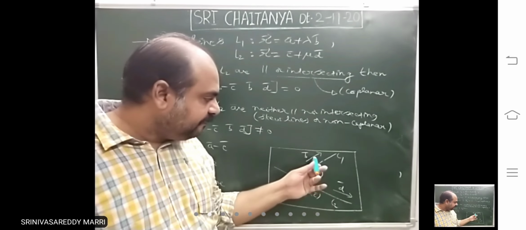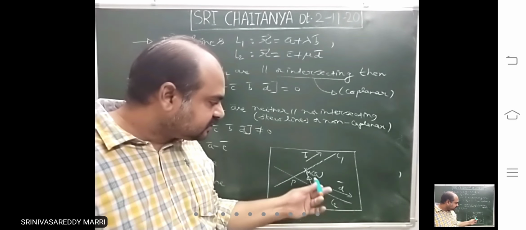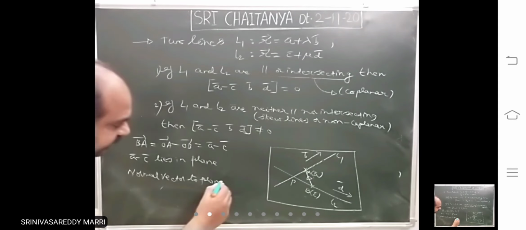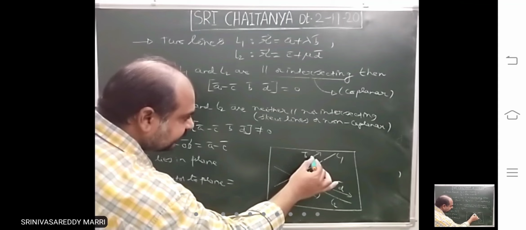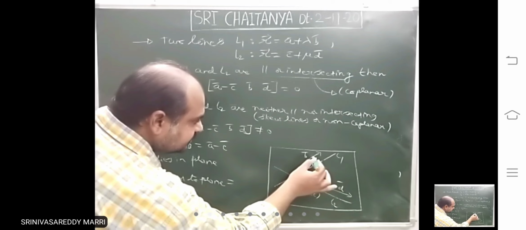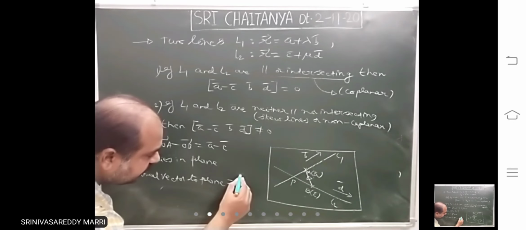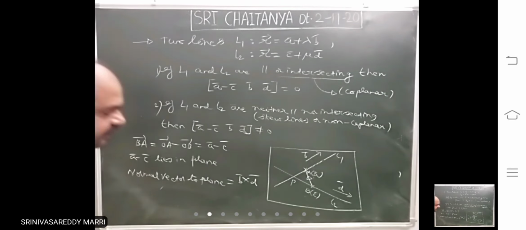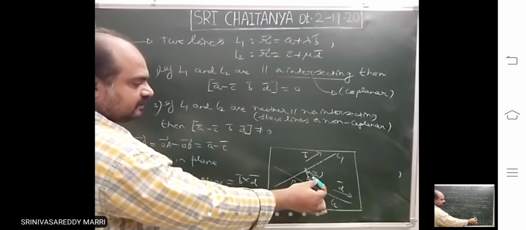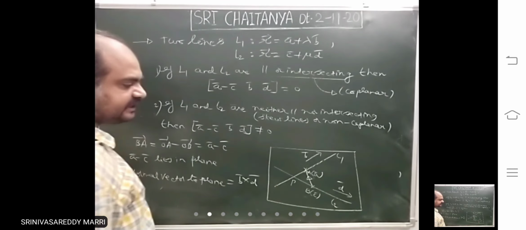Look at, b bar is on the plane, d bar is on the plane, so this normal vector will be perpendicular to both. The vector which is perpendicular to b bar and d bar is, as I have told in cross product, b bar cross d bar. If you keep the pen vertically, the vector along your pen is b bar cross d bar.